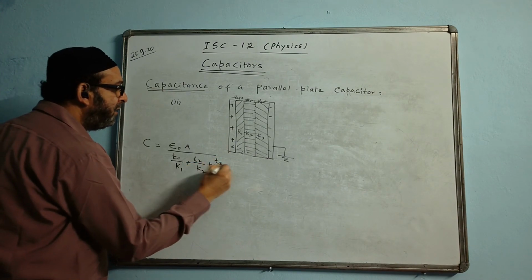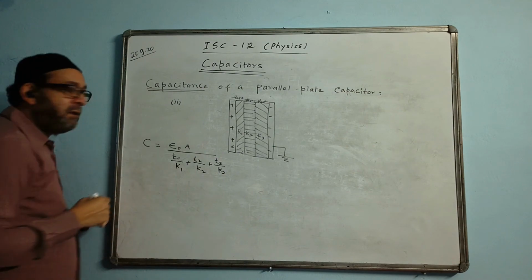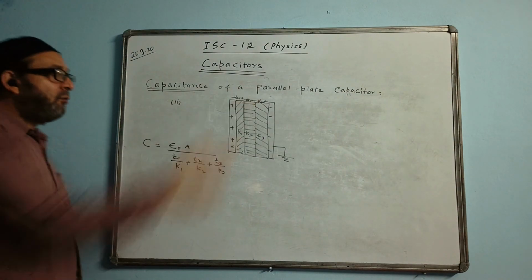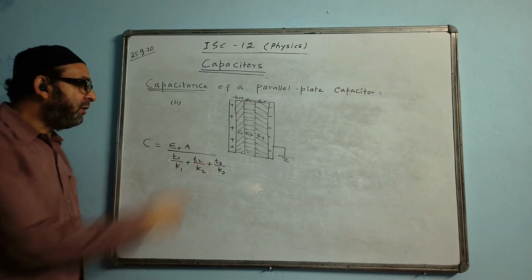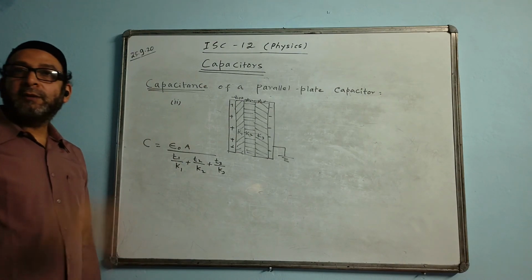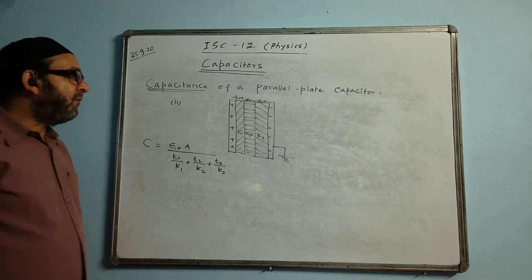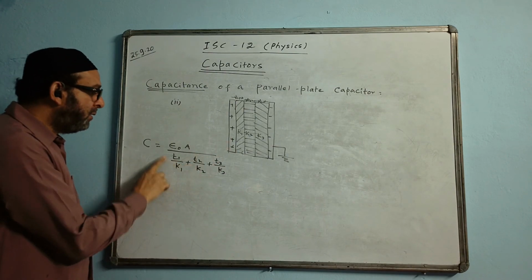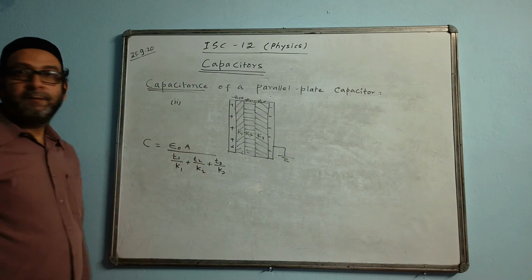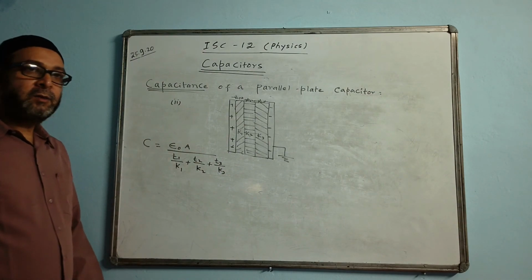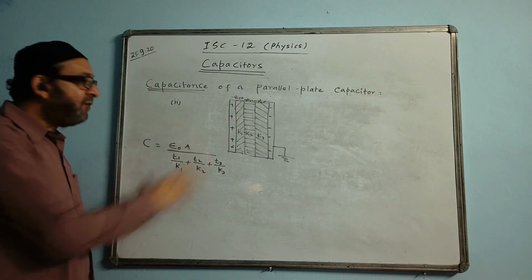And at last I write T3 by K3. If there are more, we can continue with T4 by K4, T5 by K5 and so on. We have only 3, so I will write only for 3 of them. That is case number 2. This is how you modify the formula.